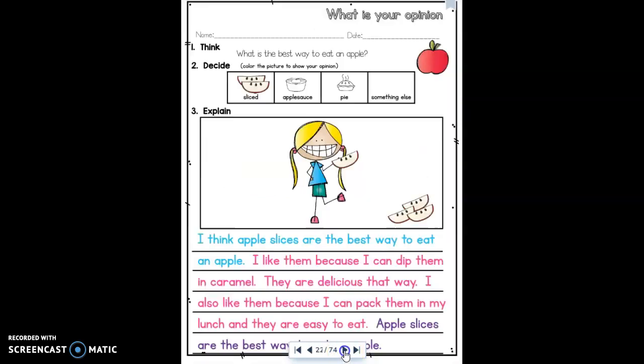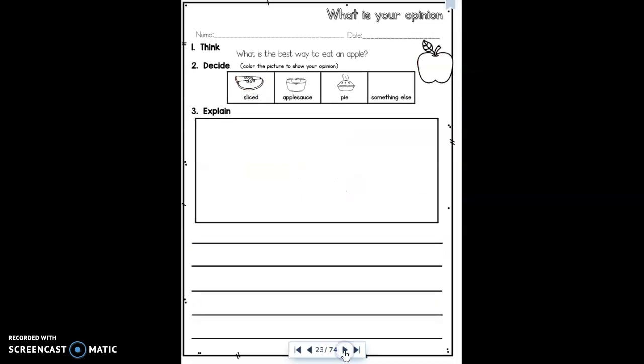Now it is time for you to try this out. So let's look at the writing prompt. Here's the page you should have in your writing folder. And it says, what is your opinion? Think. First thing you need to do is think. What is the best way to eat an apple? Here's the question. Now decide. Do you like sliced, applesauce, pie, or did you pick something else?